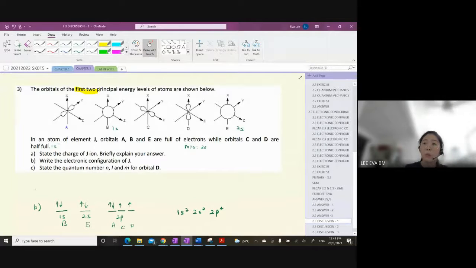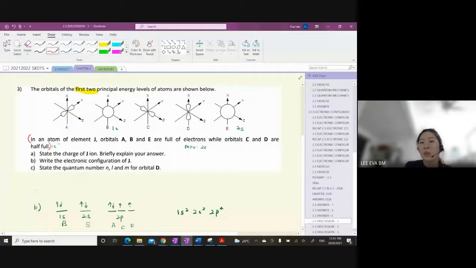So we got 2s and 2p. And then when you're looking at the shape of orbitals given A until E over here, you need to refer to this sentence. In an atom of element J, dia ada bagi tahu orbital A, B, E full of electron.